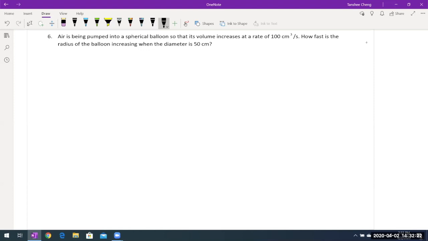So that basically tells me, here's my sphere, and here's the radius, which is always changing as time moves on. So the given is that the volume of this sphere is increasing at a speed of 100 centimeters cubed per second.